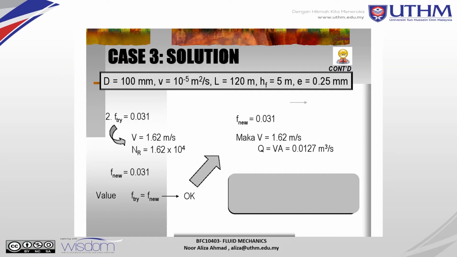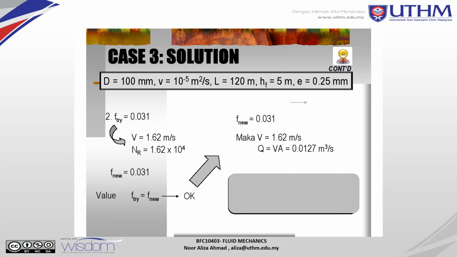After you get this, you look at the Moody chart to get the F new. We get the F new 0.031, which is the same as the F trial, so it's okay and you can stop at this part.